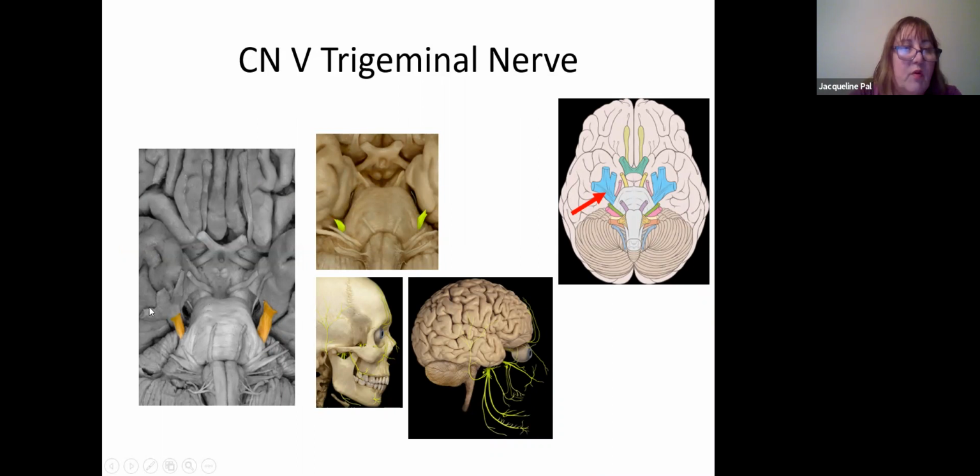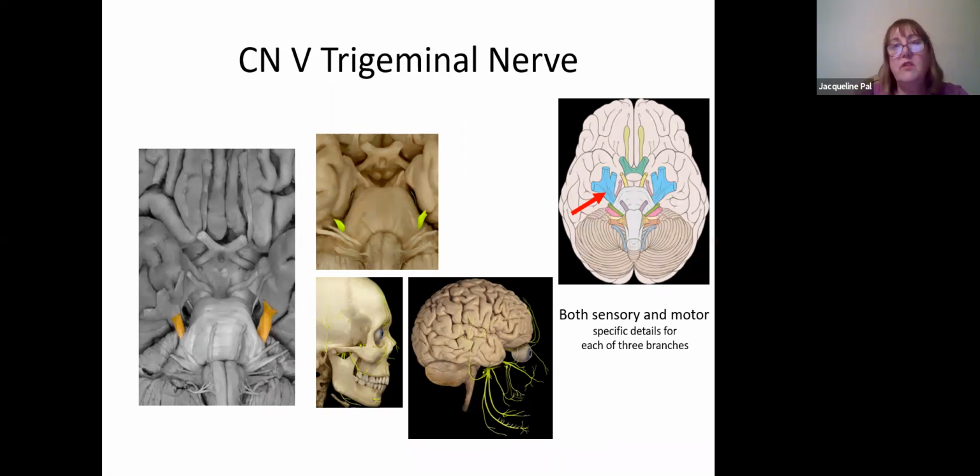Sometimes you will see all 3 branches, like on this one on your left, but on the brain's right side, you can see all 3 branches of the trigeminal nerve, whereas on the brain's left side and your right, as you're looking to it, it has been cut off. So the trigeminal nerve as a whole is what we call a mixed nerve, in that it contains both sensory and motors.